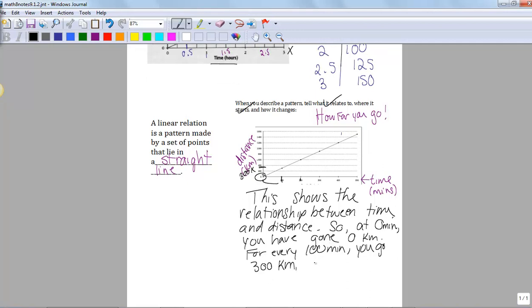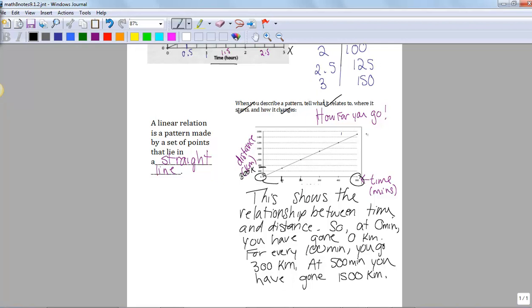And we can maybe finish it off with, at 500 minutes, they have gone 1,500 kilometers. Okay. So that's how to describe something in words.